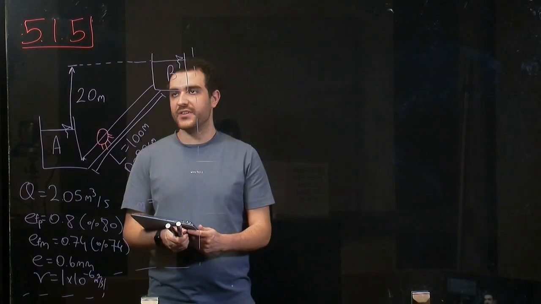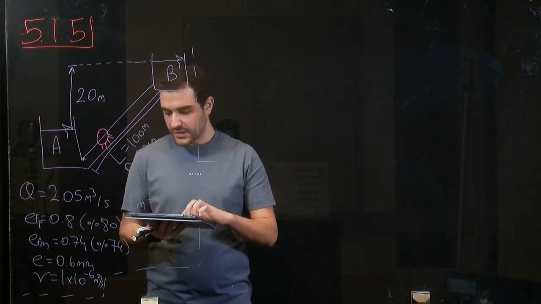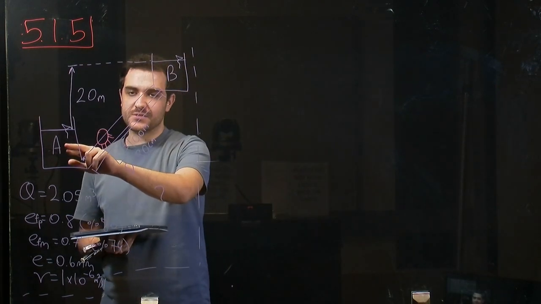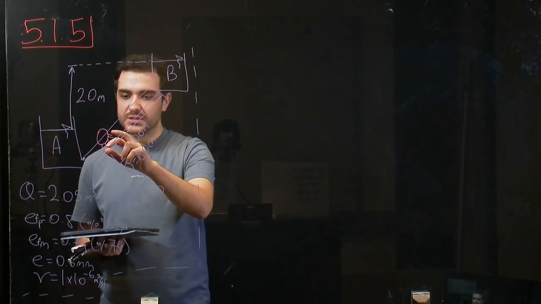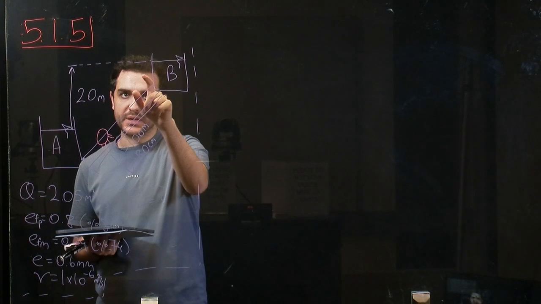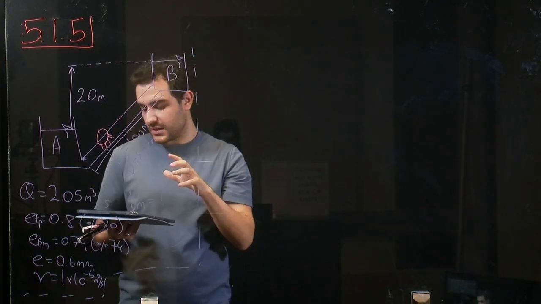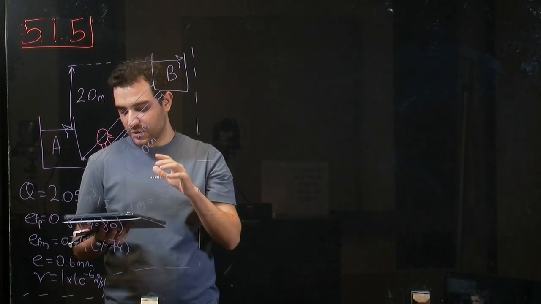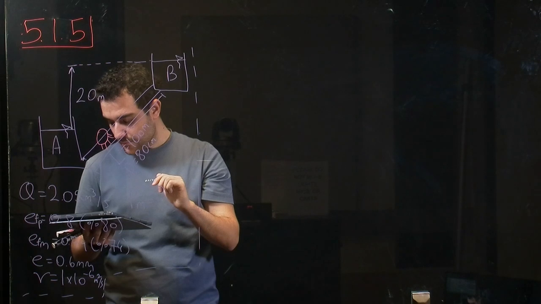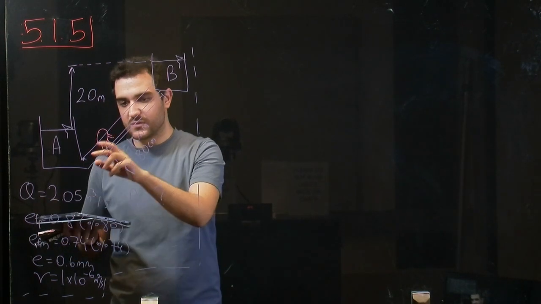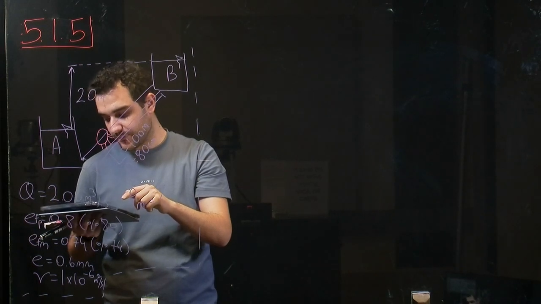Okay, question 5.1.5. So here we have these two reservoirs, reservoir A and B, and we need to use a pump to move water from A to B. In the question, it is asked to find the power requirement for a motor that is needed to drive this pump. The flow rate within this pipe is 2.05 cubic meter per second.